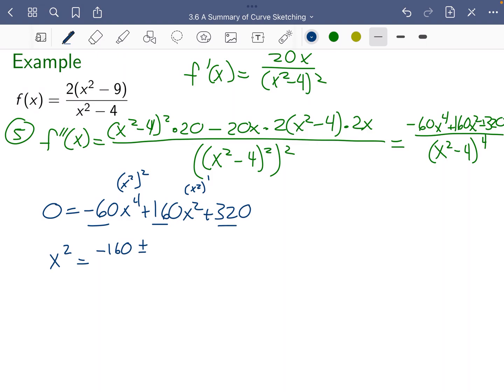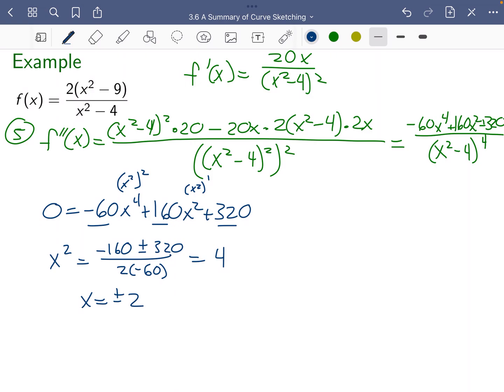The square root of that will give us 320, all over 2 times negative 60. And if we do that, we get x squared is equal to 4. Or we get x squared as some negative value, but since it's squared, it doesn't make sense to be negative. If x squared is equal to 4, then x is either plus or minus 2.